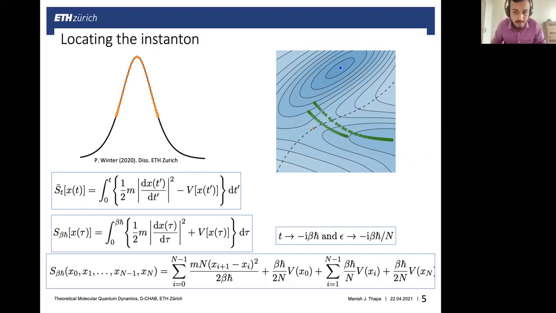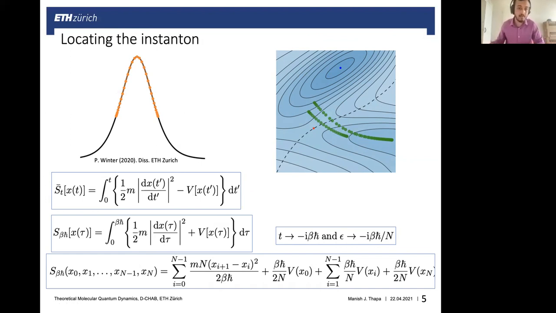And it is very useful to obtain a discretized version of this Euclidean action, because, for instance, computing the action for a complex molecular system is difficult analytically, and we discretize using a number of so-called ring polymer beads, right?